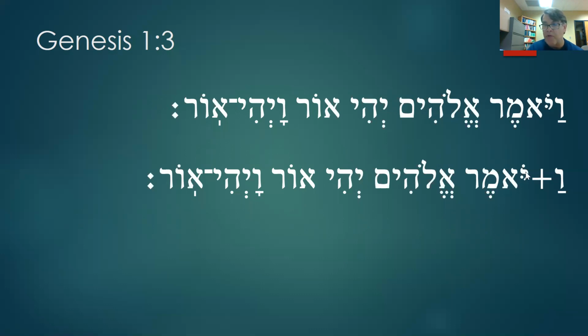So the yod is a preformative. The yod is the third masculine singular preformative of the imperfect. But the hey is gone, which I think is a clue that we have a jussive here. Although the hey might be gone with the normal imperfect too, but I don't think so. I think the hey is there with the normal.